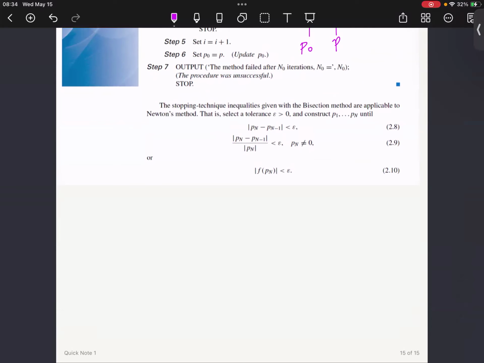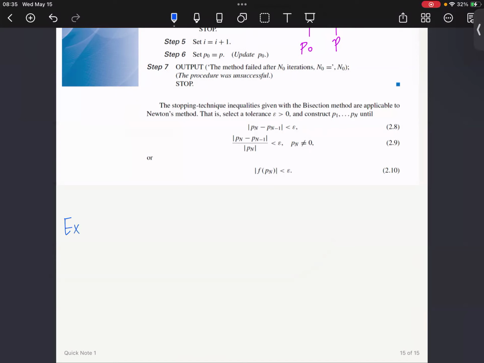Let's see, this is the example here. Let me just write down the example.